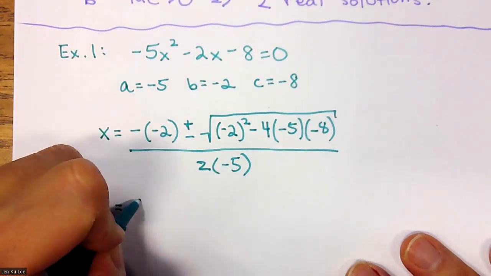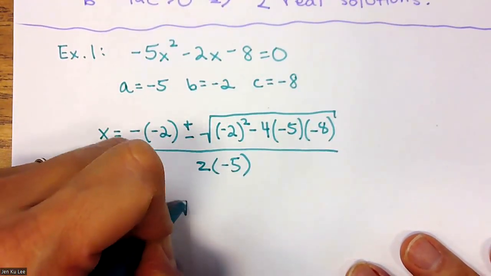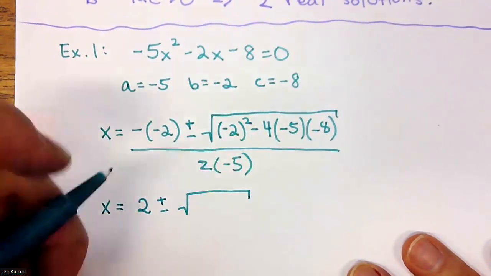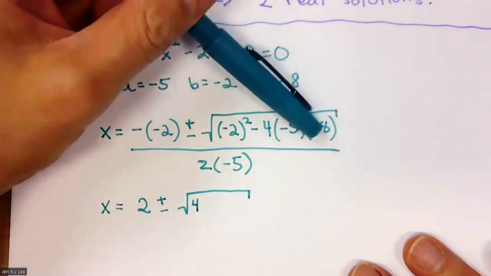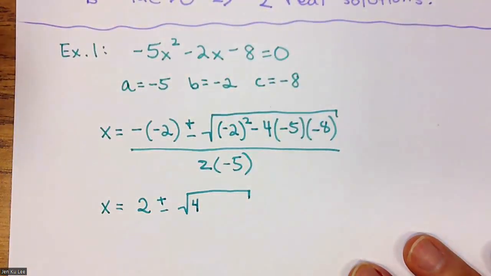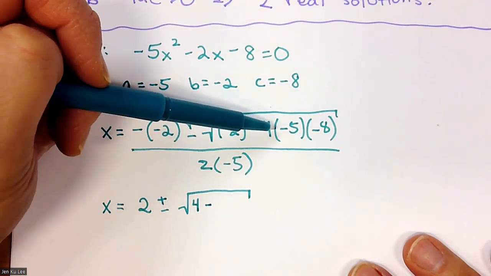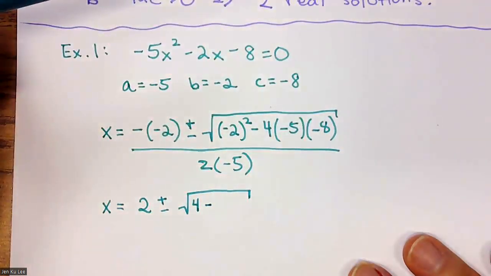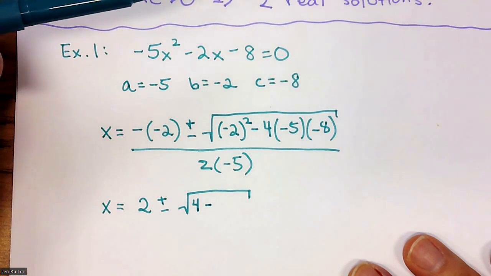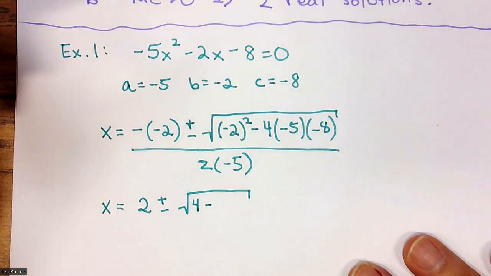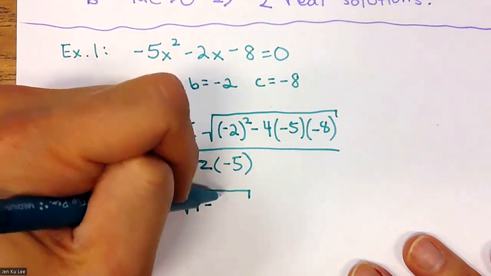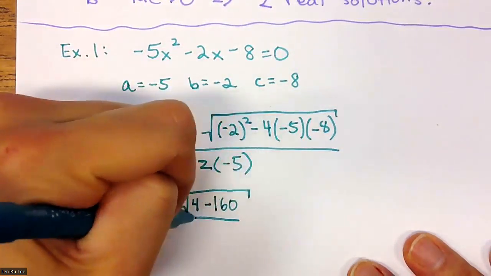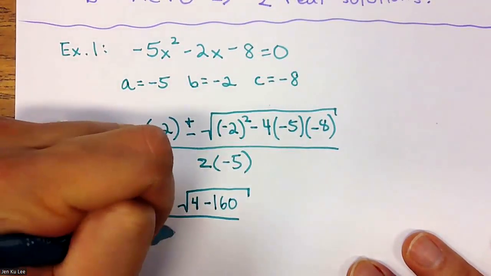A negative times a negative is a positive, so positive 2 plus or minus the square root of negative 2 squared, which is 4, minus... a negative times a negative times a negative is a negative, so it's a minus. 5 times 8 is 40, and 40 times 4 is 160, all over 2 times negative 5, which is negative 10.